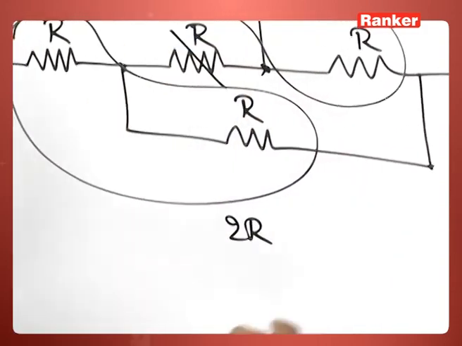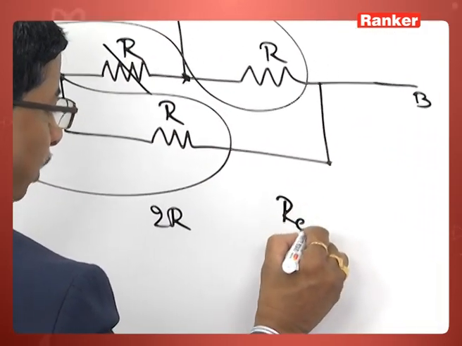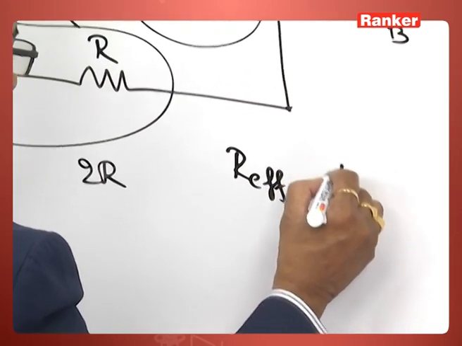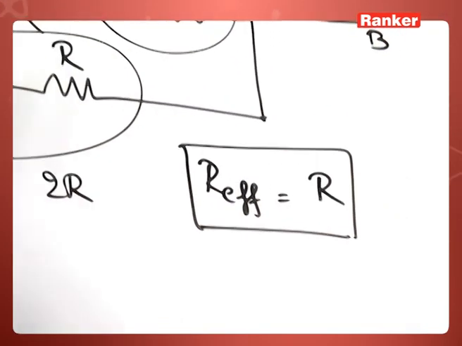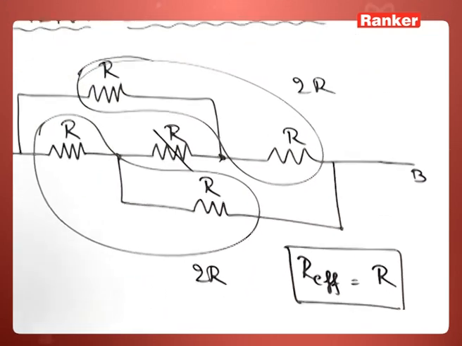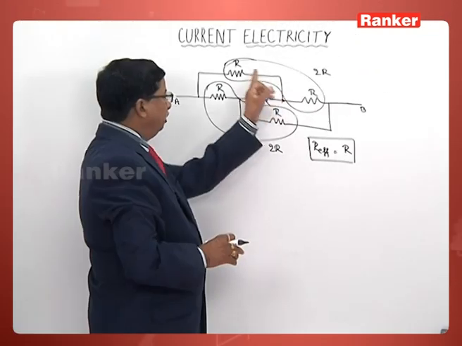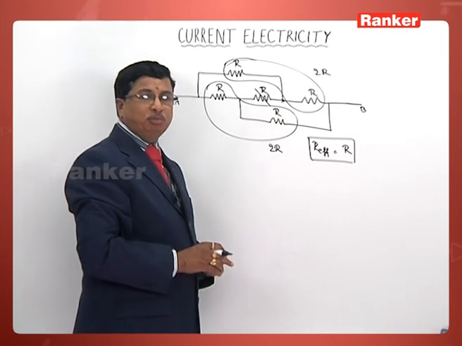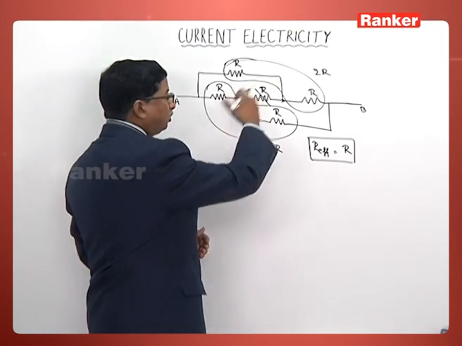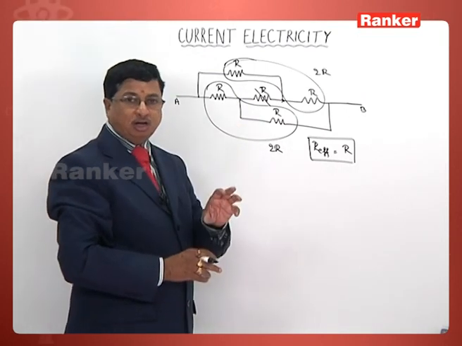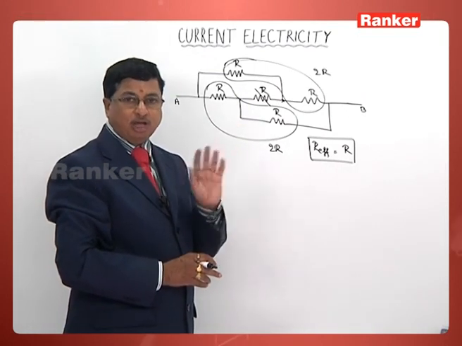When both are now in parallel, the effective resistance will be equal to R. So whenever we consider a Wheatstone bridge in this form, you can directly estimate that these two resistances are in series, these two resistances are in series, and both are in parallel. That is the concept one should understand.